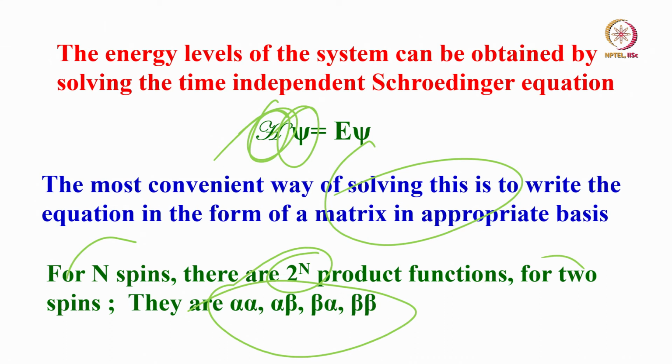You will take pages and pages, hundreds and hundreds of pages of a book, working out everything. It will take almost half a year to solve all those things, even if you go to 4 or 5 interacting spins. So right now I will tell you the method of solving the Hamiltonian by taking only 2 spins, where there are 4 possible product functions.